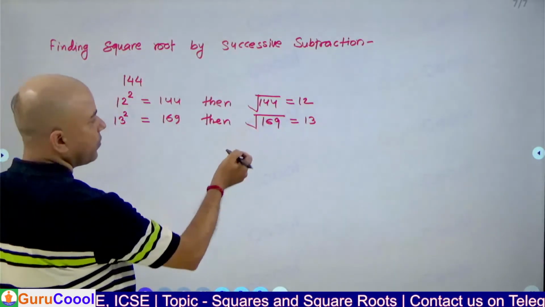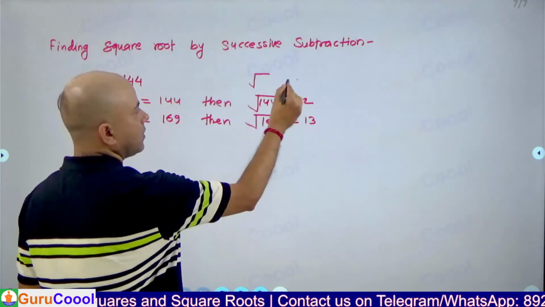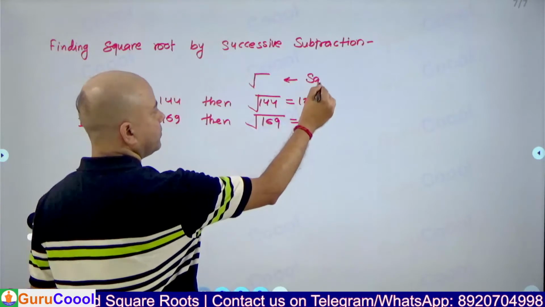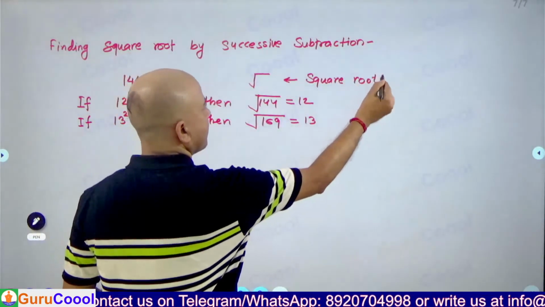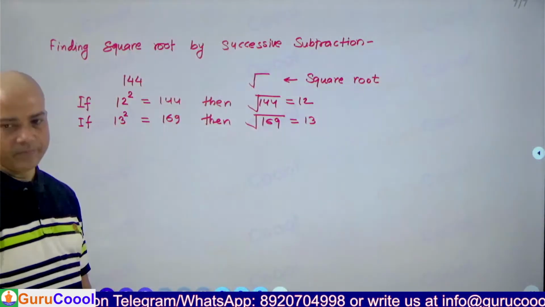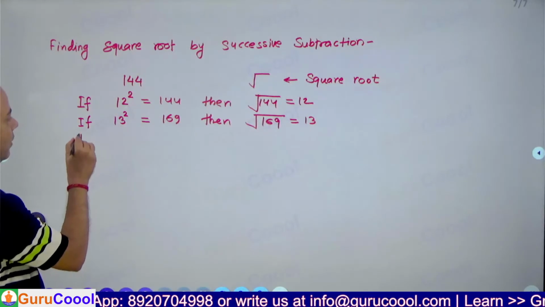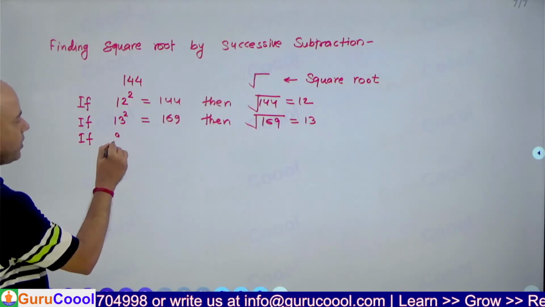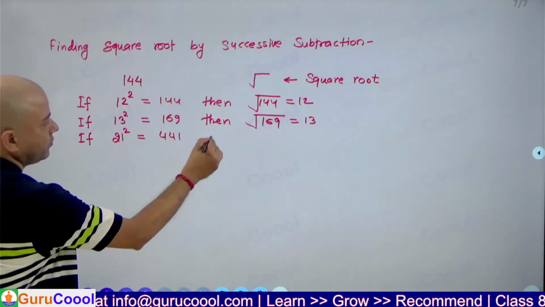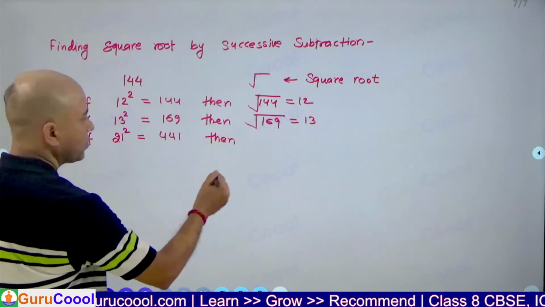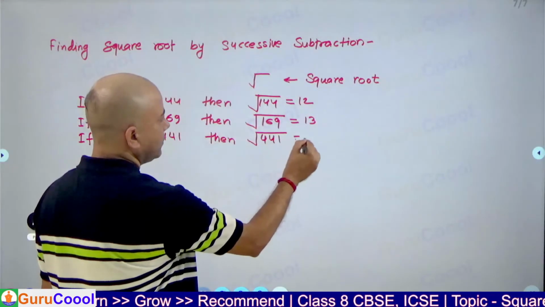This symbol is read as square root. If 21 square is 441, then the square root of 441 will be 21.